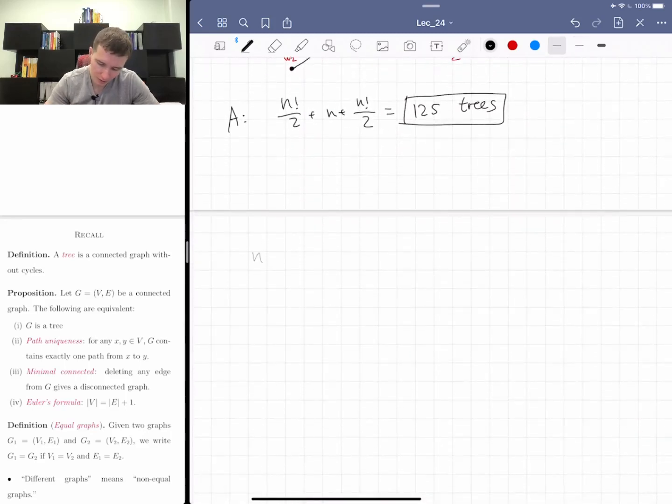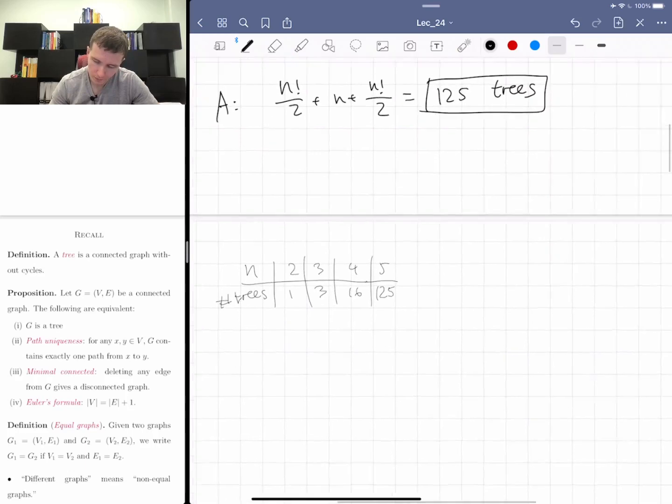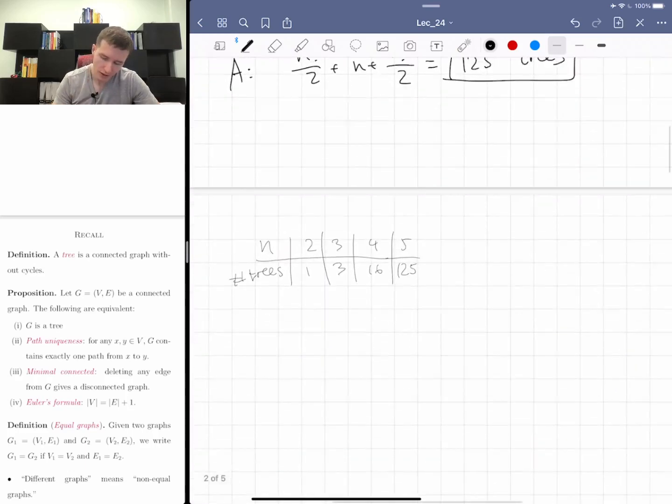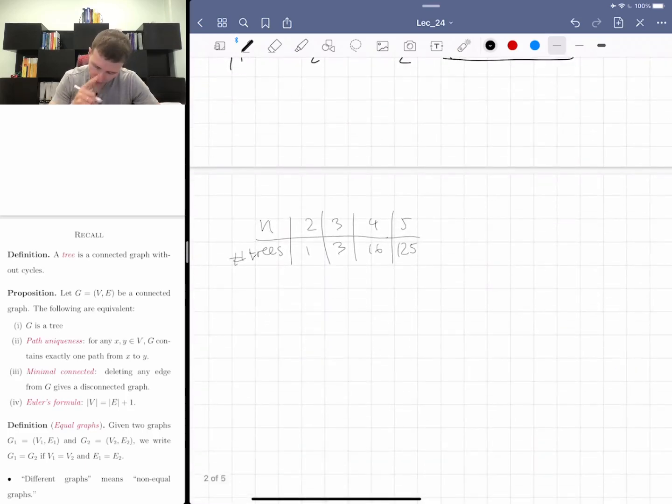Let's make a table. Number of trees, with n equal to 2, 3, 4, and 5: 1, 3, 16, 125.